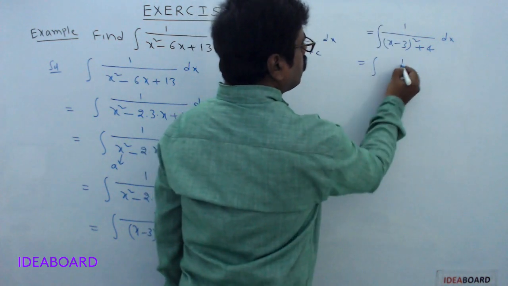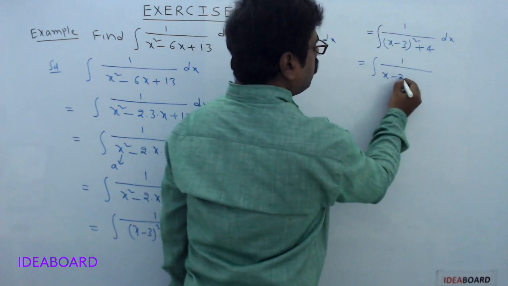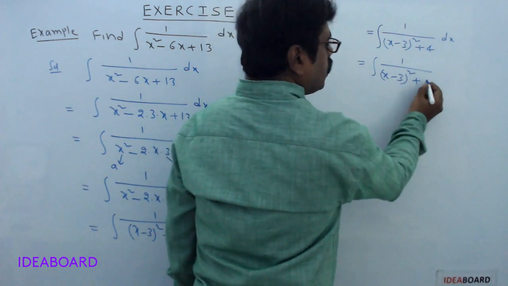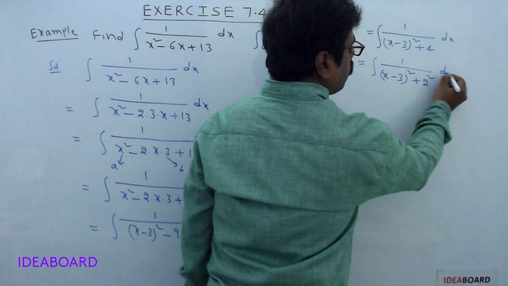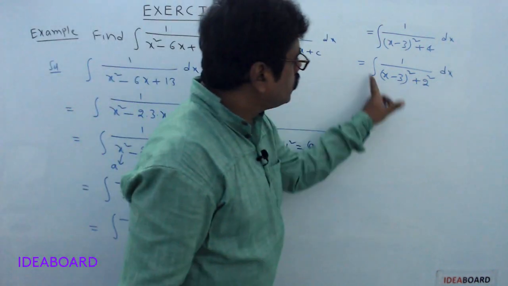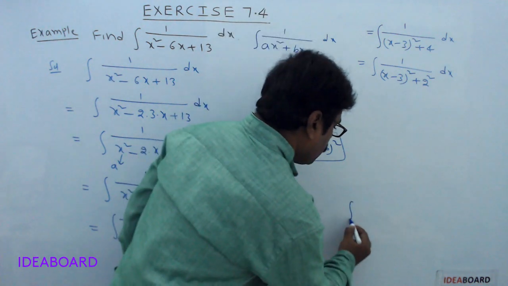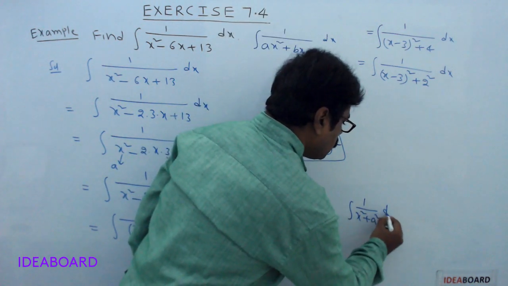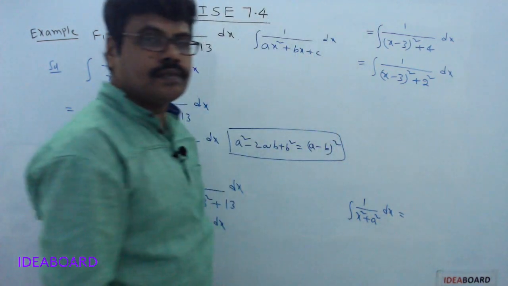Now this is integral 1 divided by (x minus 3) whole square plus 4, which can be written as 2 square, dx. Now clearly this term is of the form integral 1 divided by x square plus a square dx.